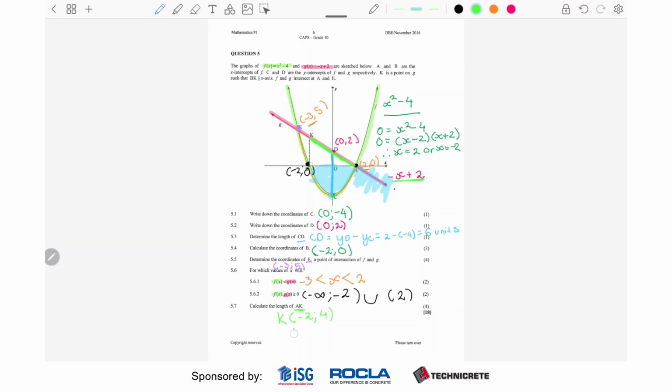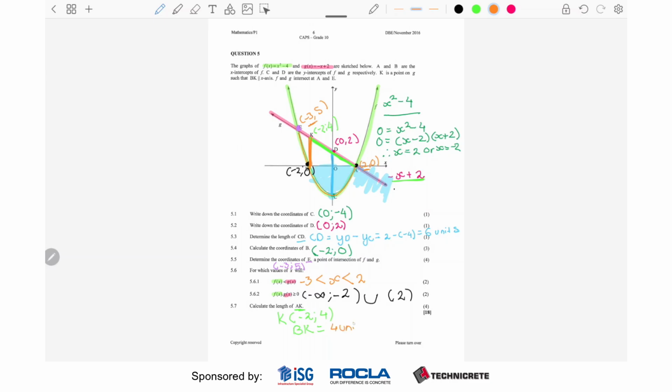And let's write down what we know. The length of BK, which is here, will be 4 minus 0, which is 4.